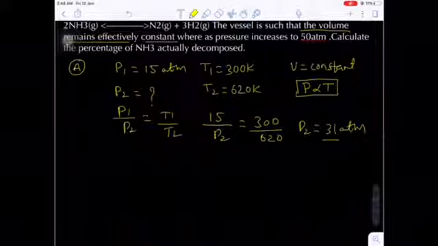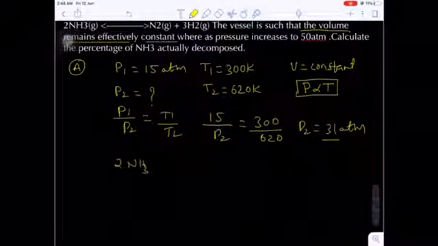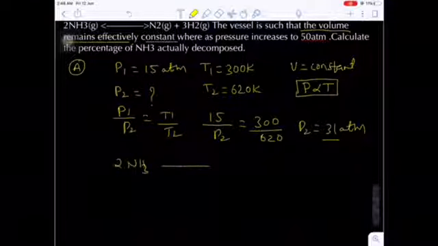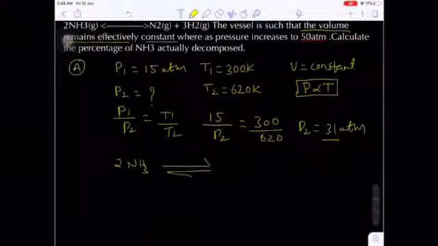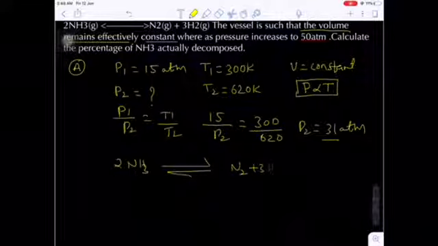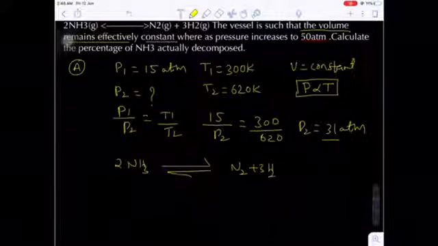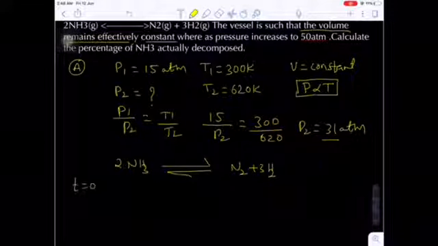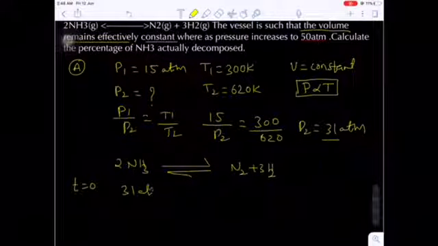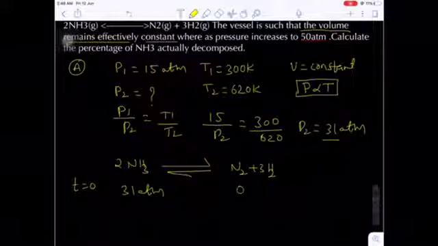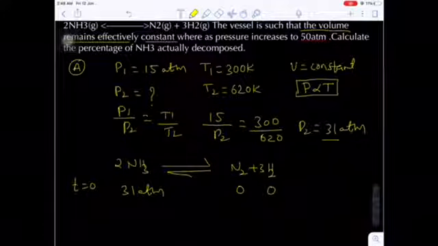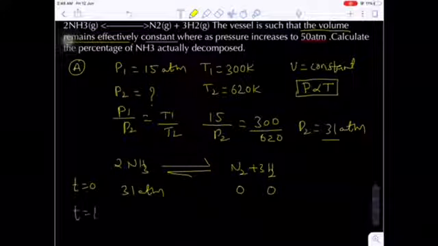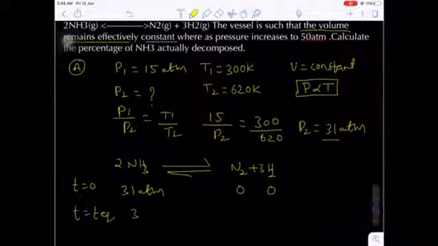Now the ammonia pressure becomes 31 atm, initially 15 atm. Initially, ammonia has 31 atm of pressure, and there will be no nitrogen and hydrogen.